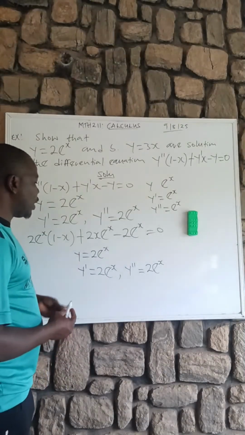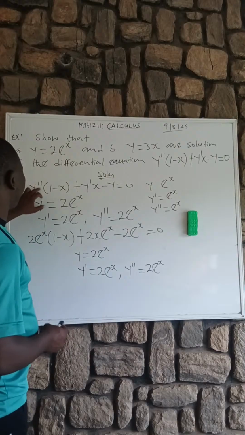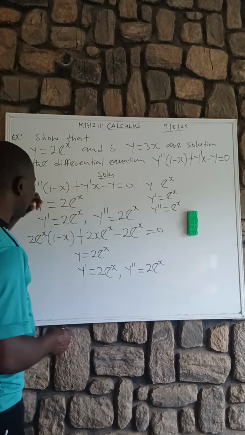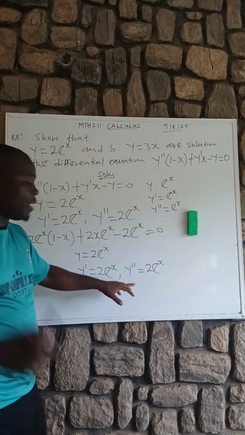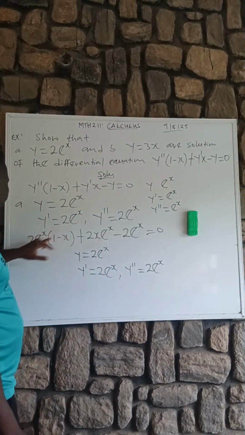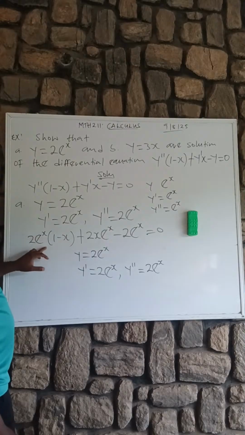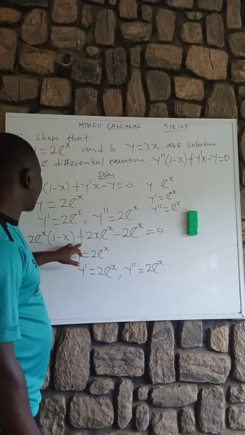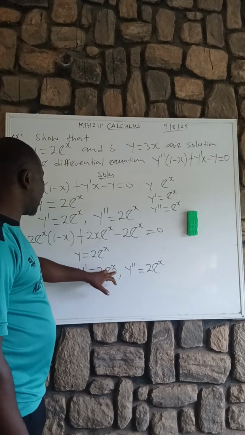Now you come to the differential equation. Look at it here. We have y prime prime, y prime, and also y. So we substitute into this differential equation. What is your y prime prime? It's 2 exponential x. Instead of y prime prime, we write 2 exponential x, open bracket 1 minus x, plus, what is your y prime? y prime is 2 exponential x.